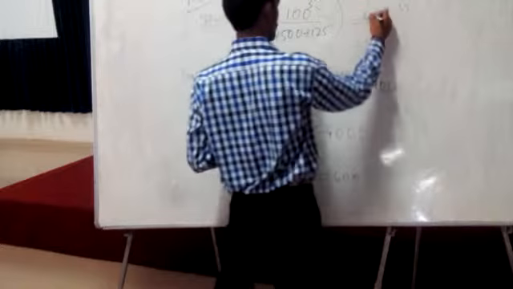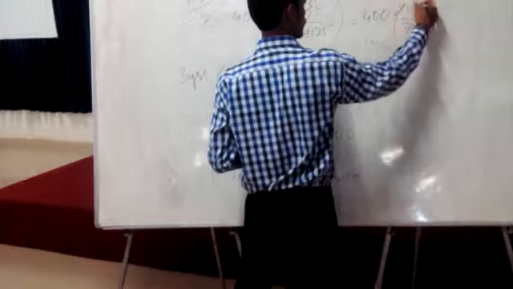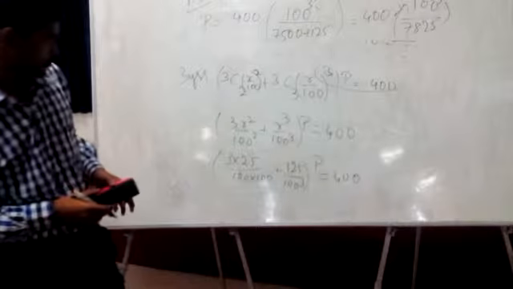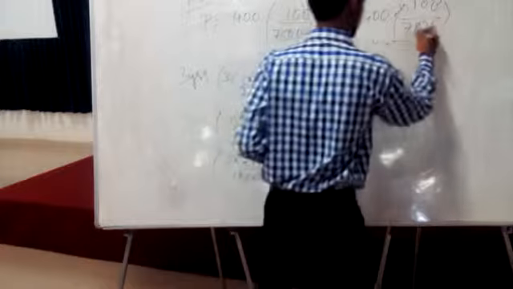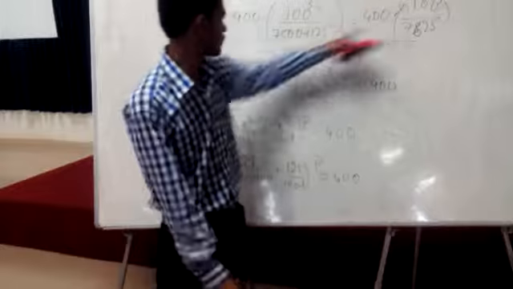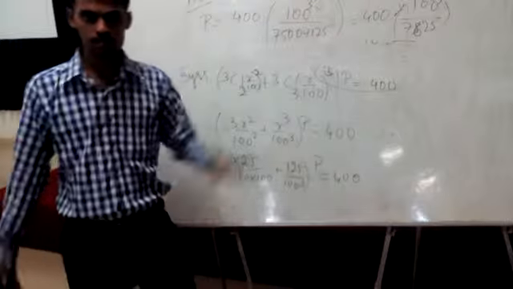This is 400 into 7625, sorry, 7500 plus 125 is 7625. Simplify that to find the value of principal.